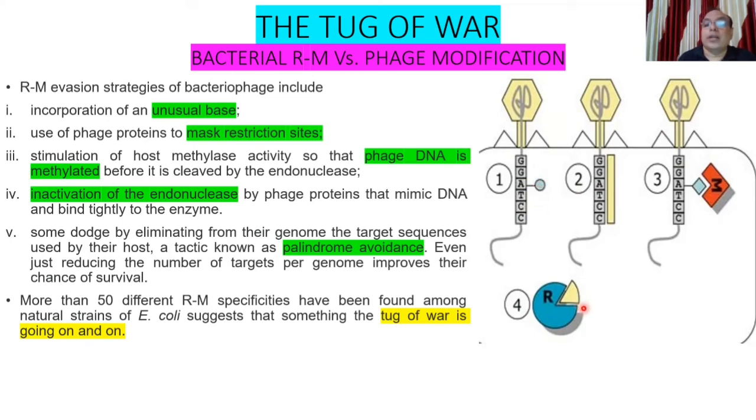So when the restriction enzyme comes to attack this recognition site, it will find the recognition site altered, and it will be befooled and maneuvered not to attack the bacteriophage DNA.